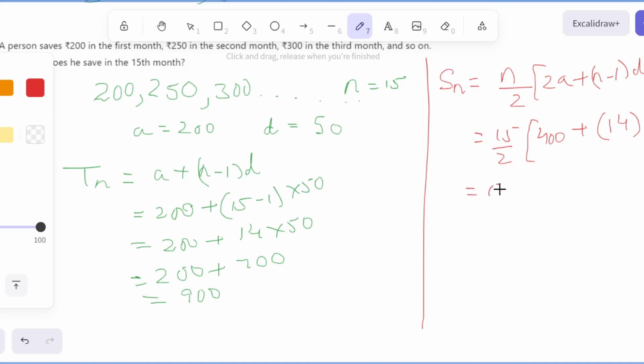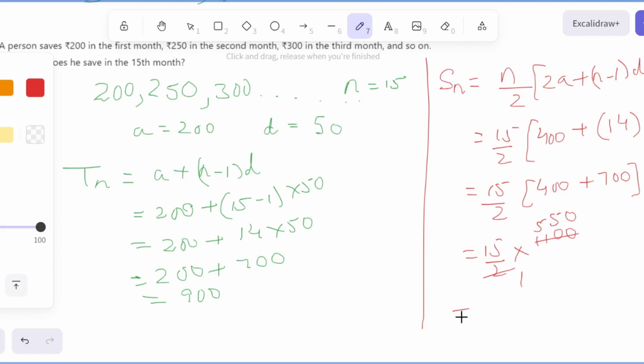So 15 by 2 times 400 plus, and we have already calculated 14 times 50, which is 700, so this comes out to be 15 by 2 times 1100. Now we can cancel: 1100 divided by 2 is 550.